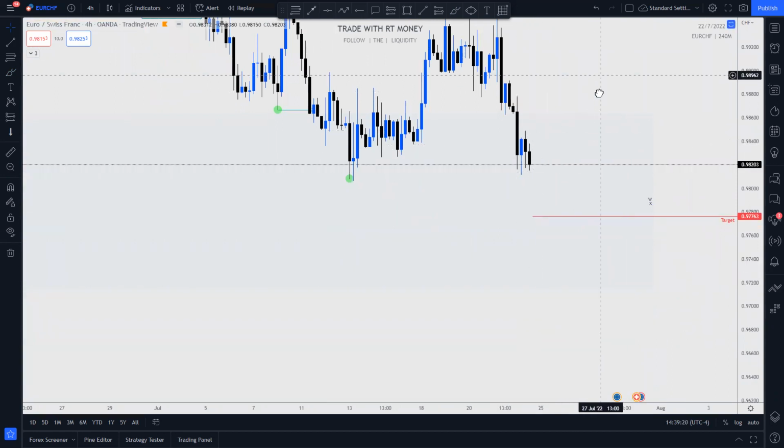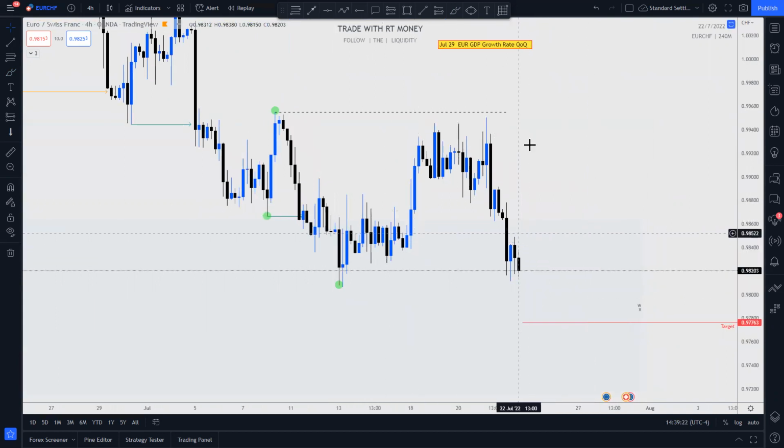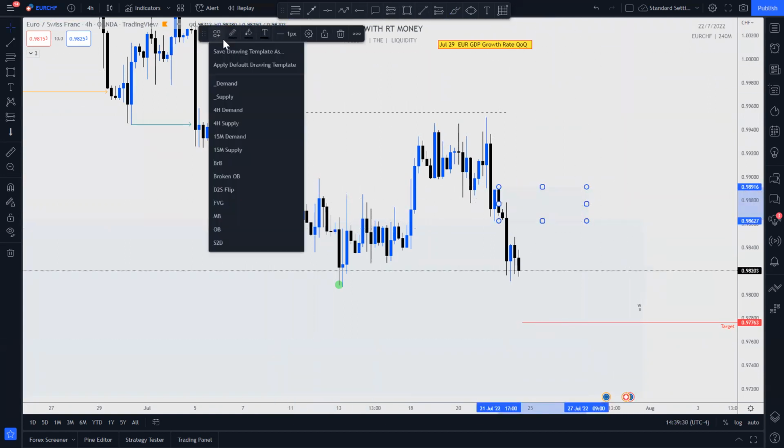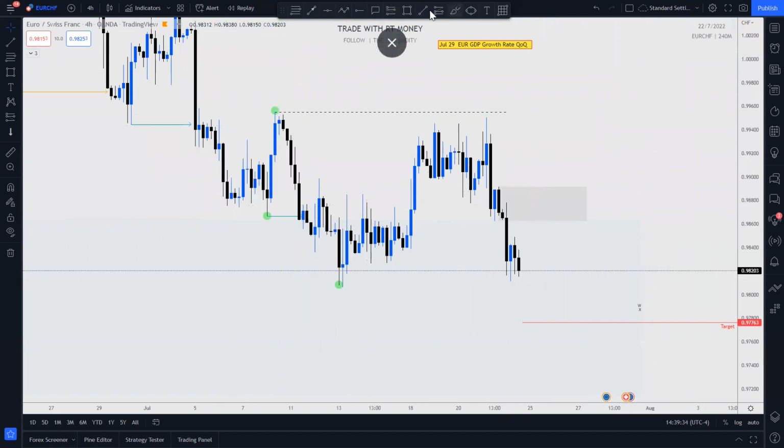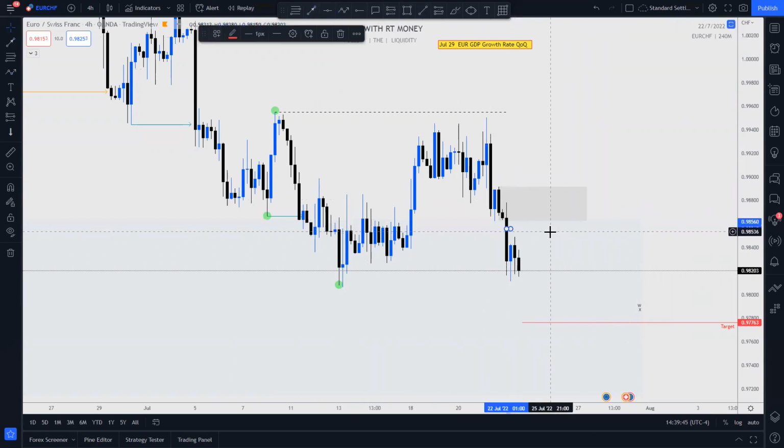All right, but we might see the pullback first. I'm going to mark this zone like so. All right, it would make sense. It's a sensible situation because there is a zone of a fair value gap here.